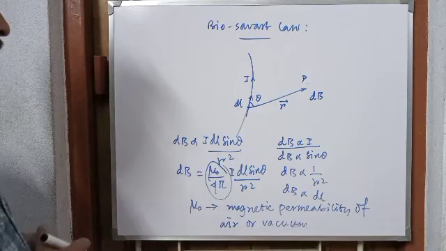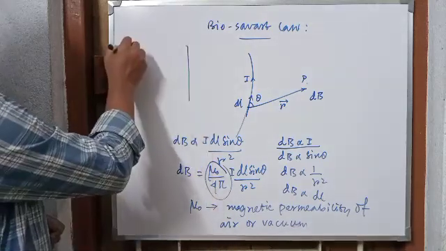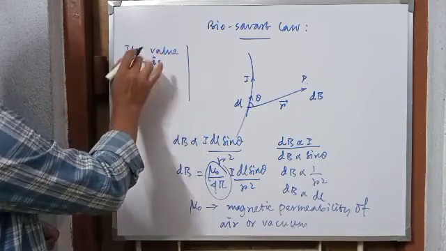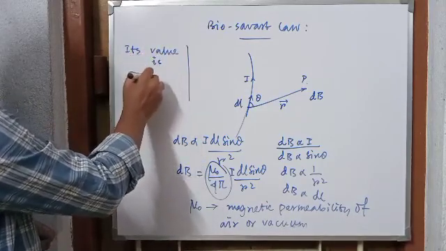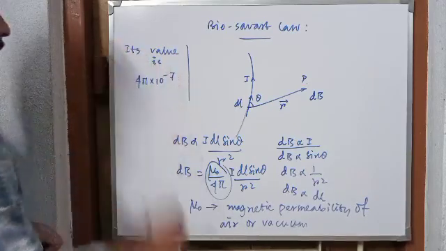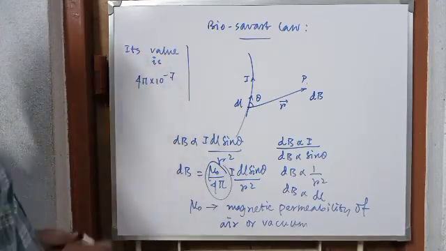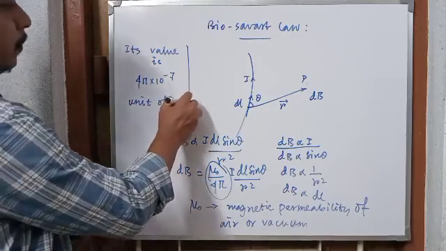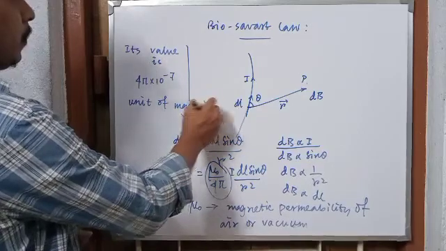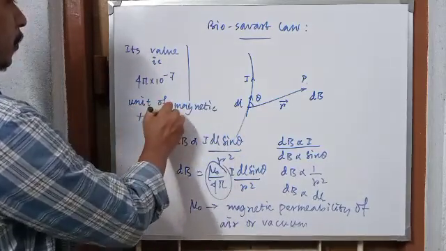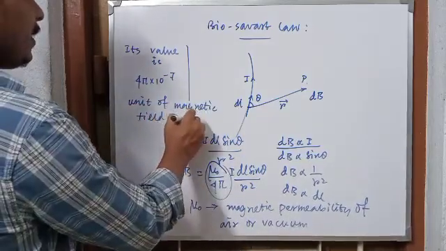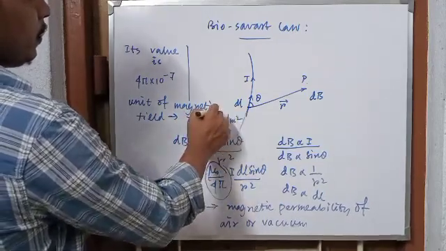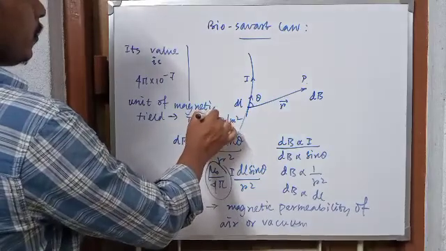What is its value? Its value is 4 pi into 10 to the power minus 7. Now the unit of magnetic field is Tesla or Weber per meter square.